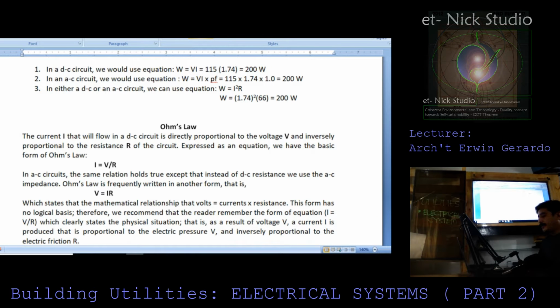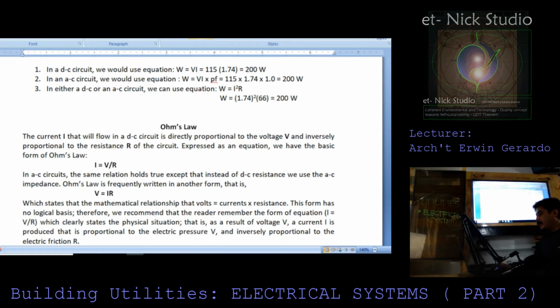The Ohm's law: the current I that will flow in a DC circuit is directly proportional to the voltage V, and inversely proportional to the resistance R of the circuit.